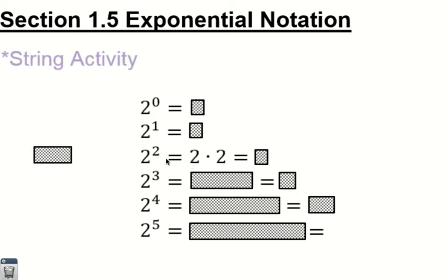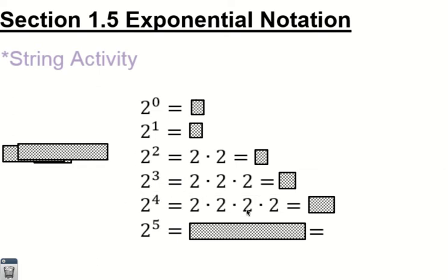So it's like 2 times 2 because the power was 2. 2 to the 3rd power means you do 2 times 2 times 2. 2 to the 4th power would be 2 times 2 times 2 times 2.